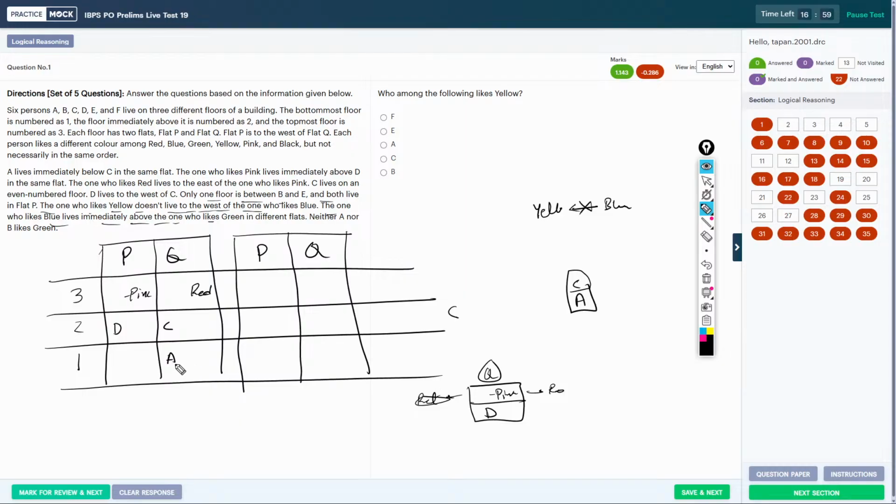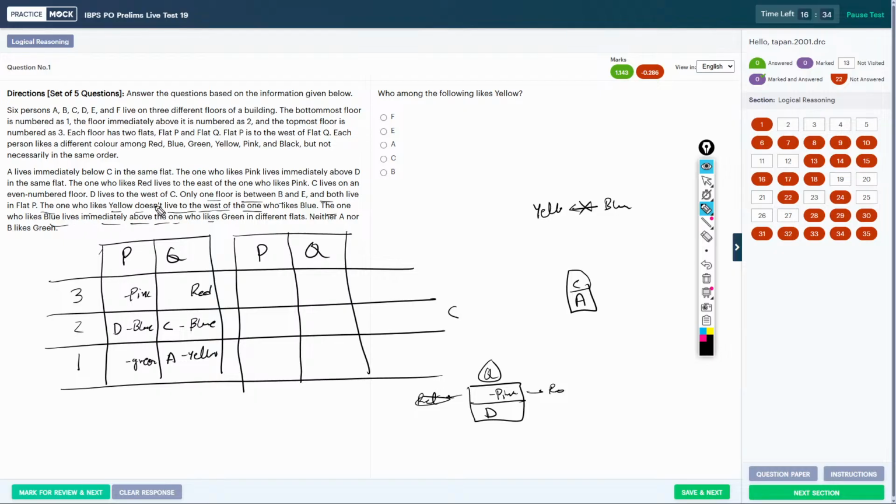Neither A nor B likes green. So if A does not like green, then this person has to like green, and this person has to like yellow. Okay, blue and green. So blue here. If yellow is not here, yellow has to be here. And if another color, black, goes here.